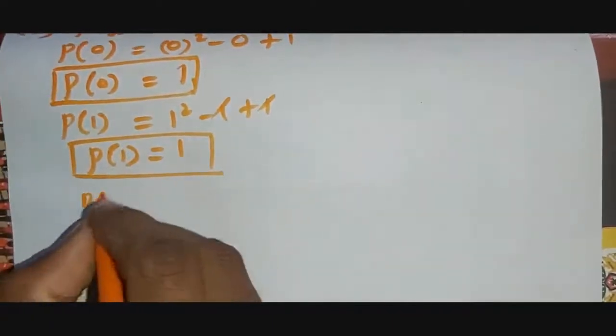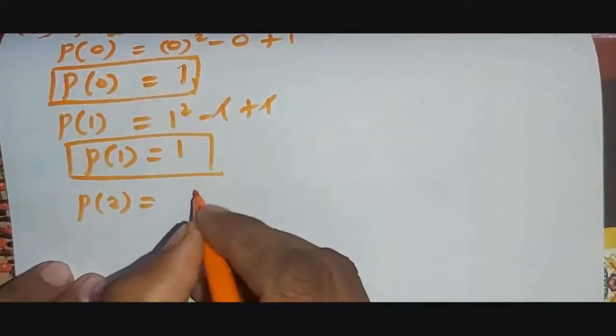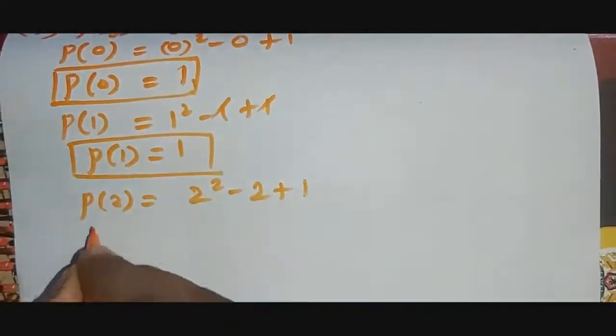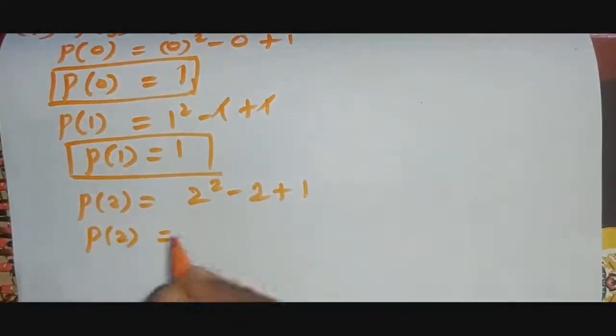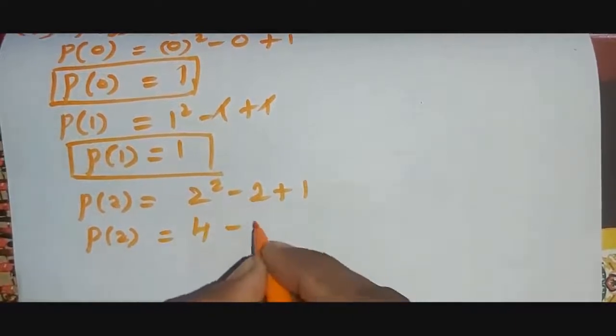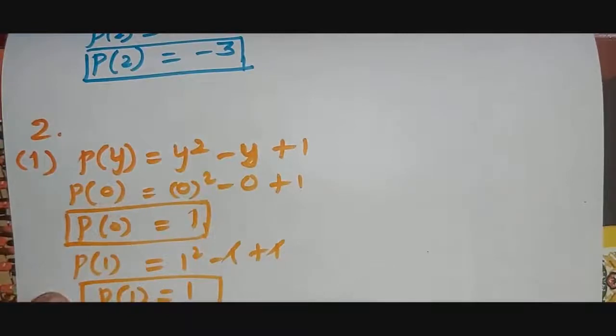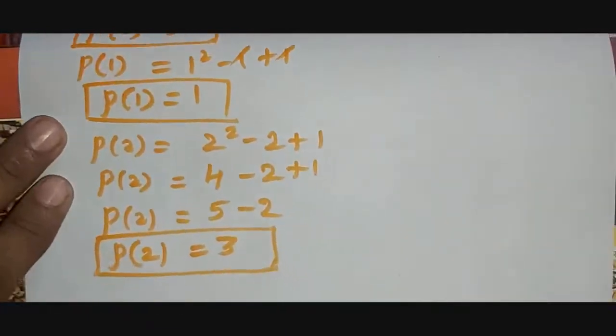P of 2 is equal to 2 square minus 2 plus 1. P of 2 is equal to 2 square is 4, minus 2 plus 1. 4 plus 1 is 5, 5 minus 2. P of 2 is equal to 5 minus 2, which is equal to 3. Okay, we found here P of 0, P of 1 and P of 2.